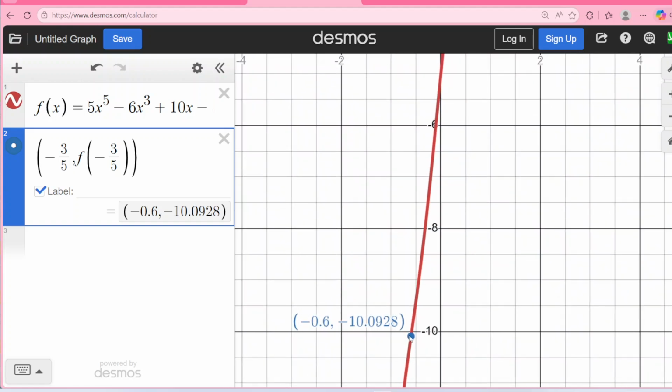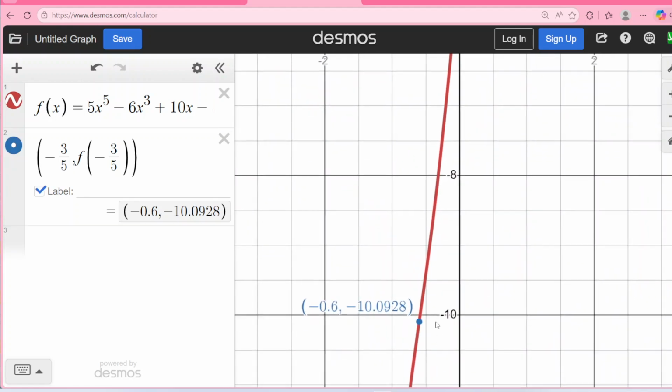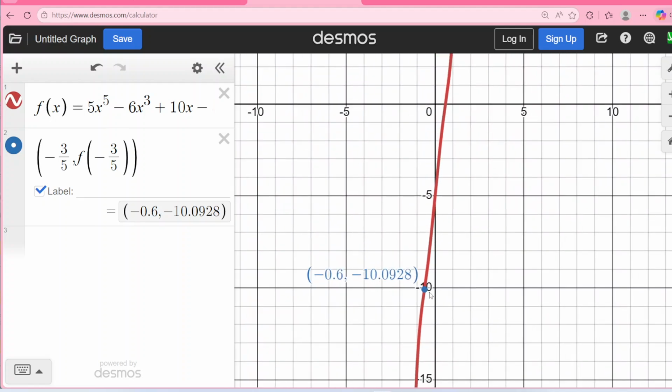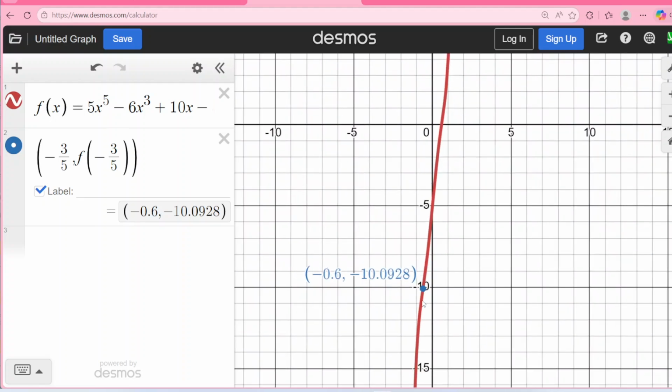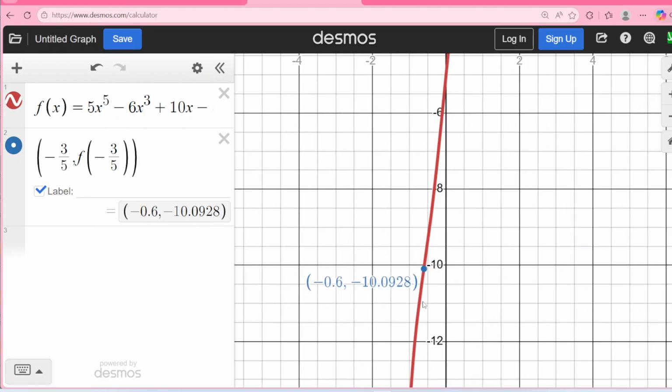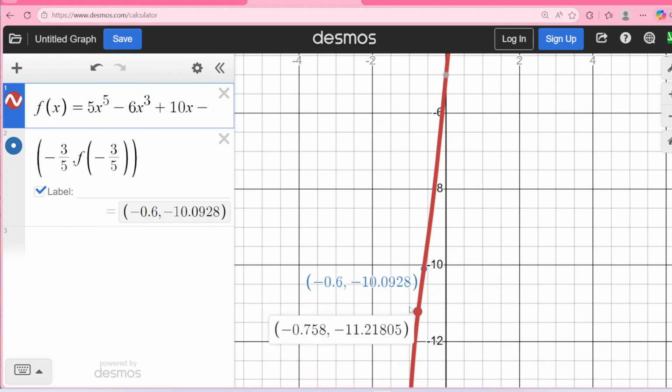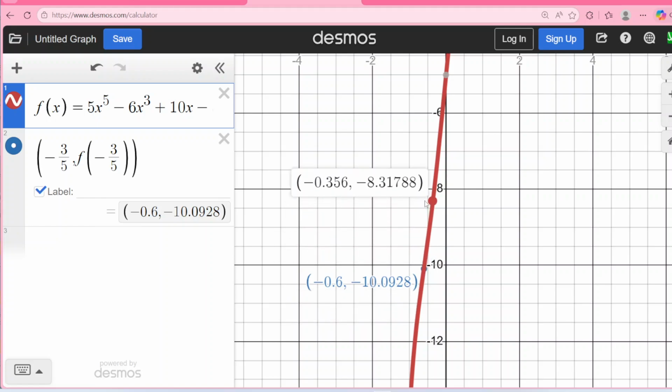Now, if you zoom in, I know it looks pretty straight. It's not that curvy. It's a pretty straight line. But you see how to the left, it's kind of curling downward. It's almost like part of a bowl opening down. You got concave down. But then at this negative 3/5 point, it changes to curling upward slightly. This is part of a bowl that's opening up, part of a bowl holding water.